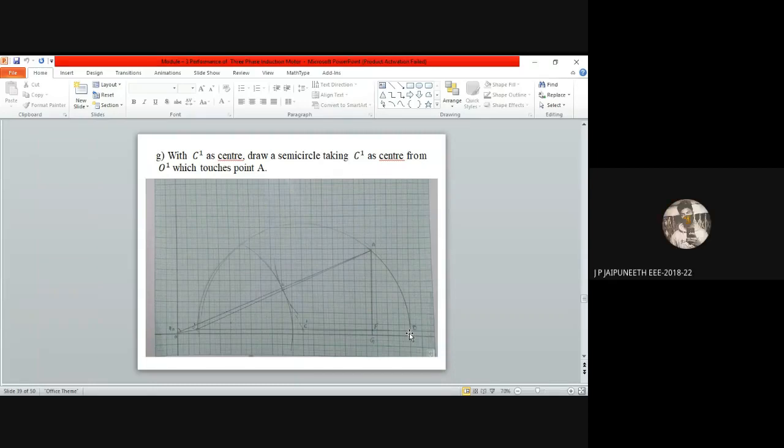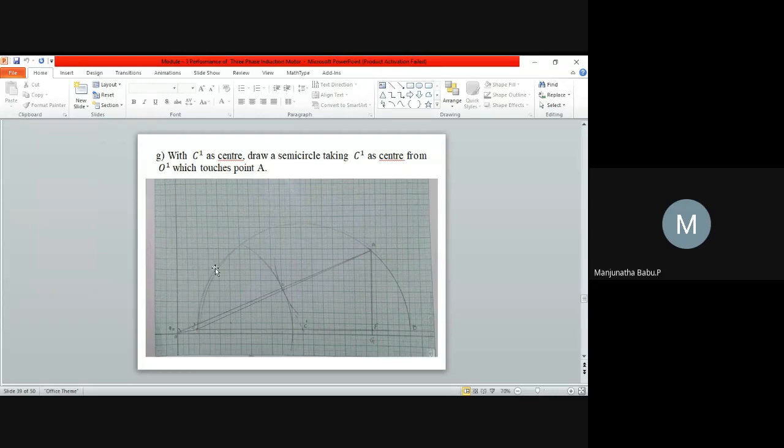Sir, it is going out of the graph, sir. That's what I told you, choose the current scale properly. It will not go out of the graph. So not from O, you have to go from center C dash up to O dash.